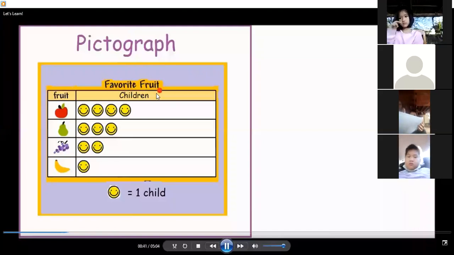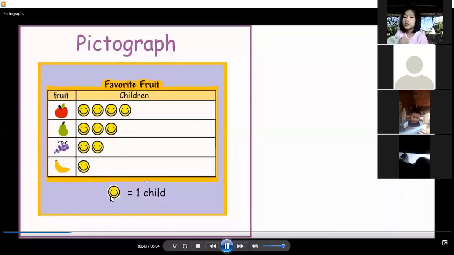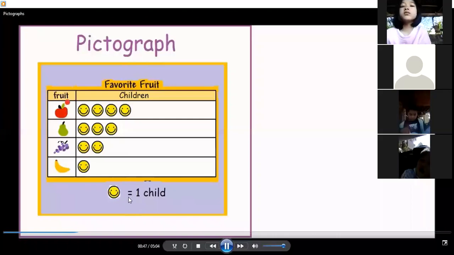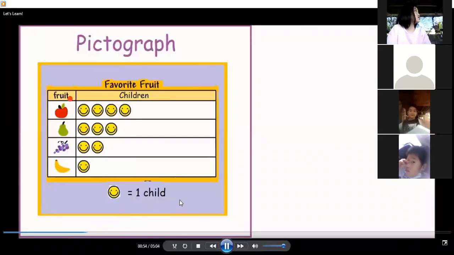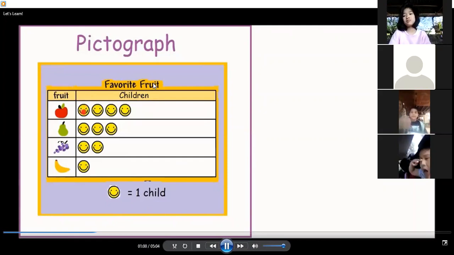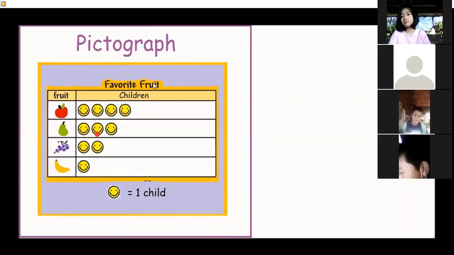Down the bottom, we have the key, which says that one smiley equals one child, one student, one of you guys. So now we know it's what children like as their favourite fruit.